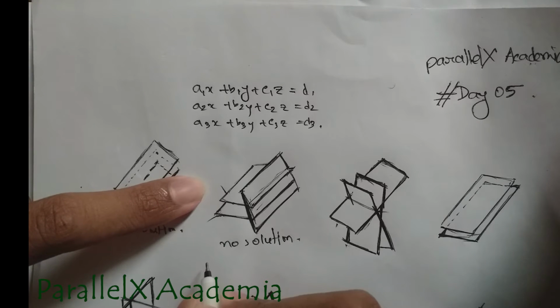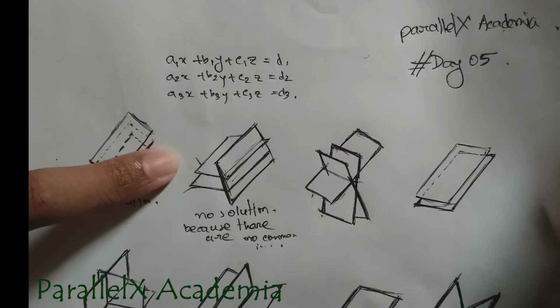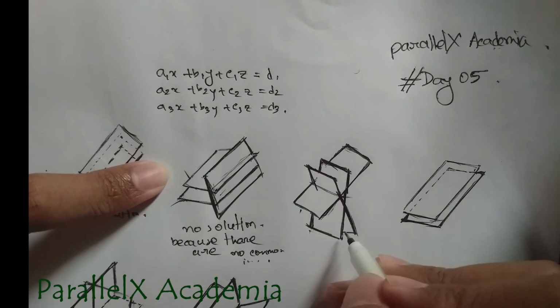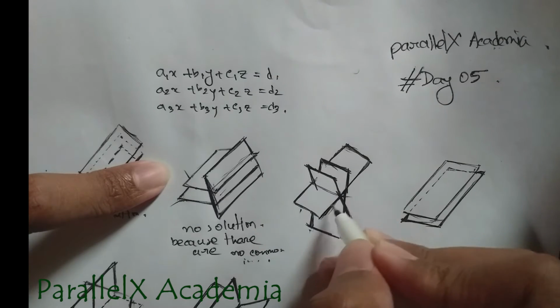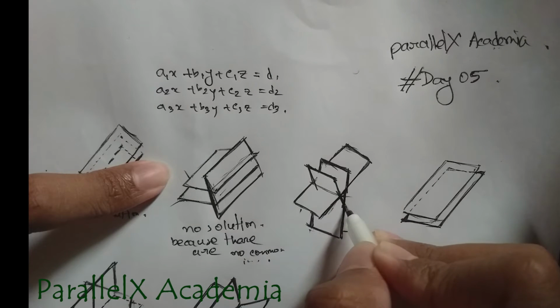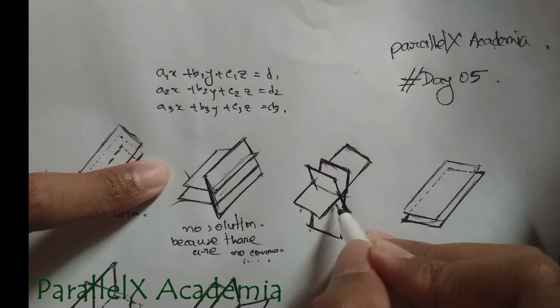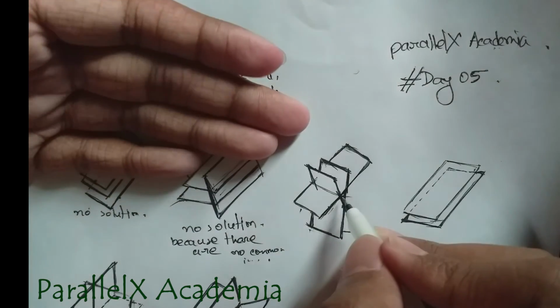No solutions, because there is no common intersection. Now what will be the case here? You can see that this plane and this plane intersect at this point, but this plane didn't intersect them, and this plane intersects both of them at the top.